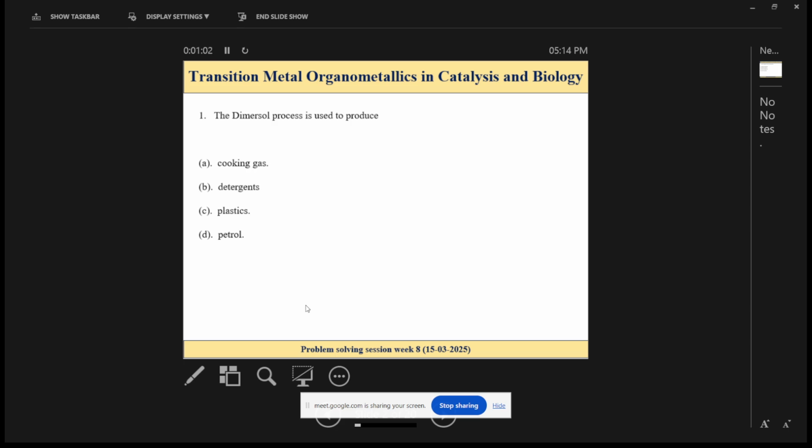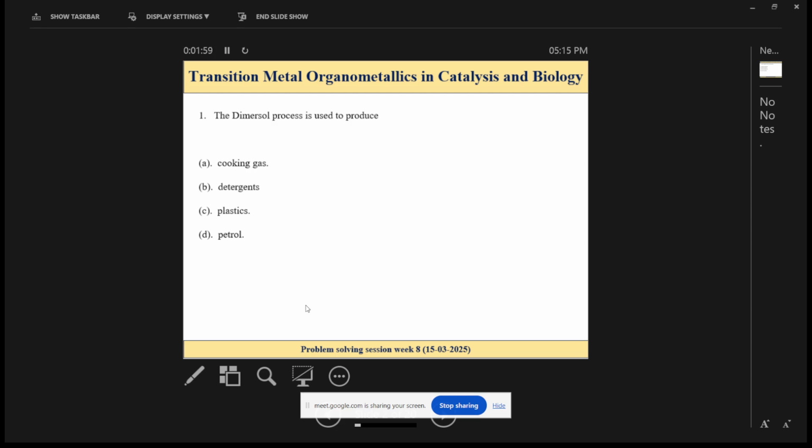Then we moved to another reaction, and after that oligomerization reaction and cyclotrimerization or cyclo-oligomerization reaction, we moved to our last topic in this catalysis series, that is the application of organometallic compounds in catalysis, the polymerization reaction.